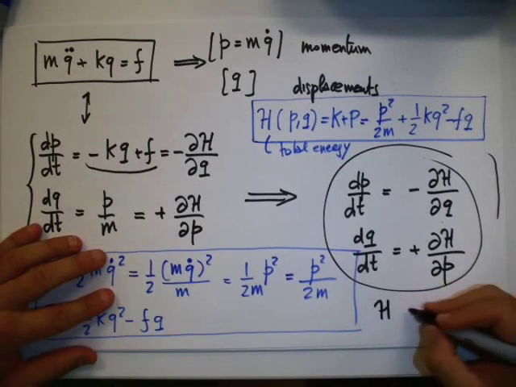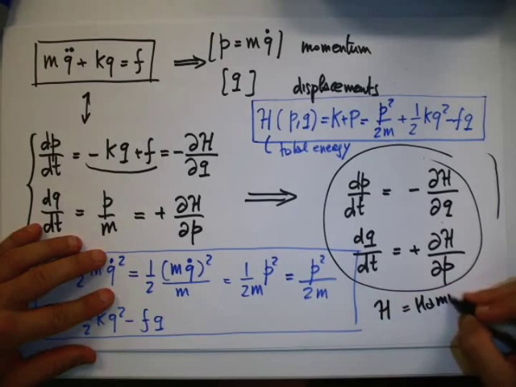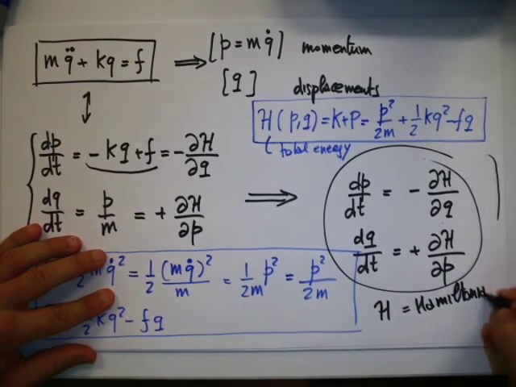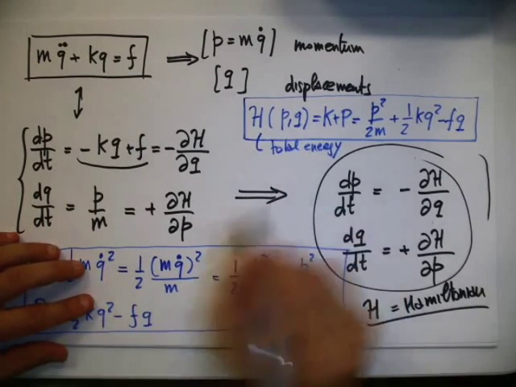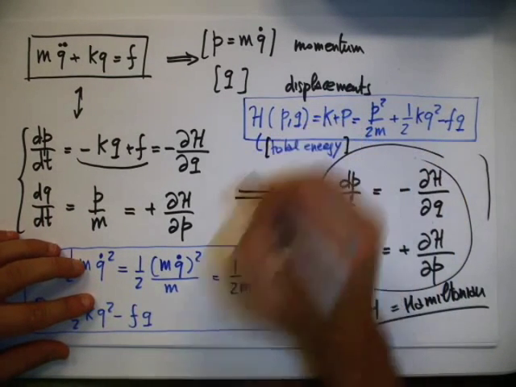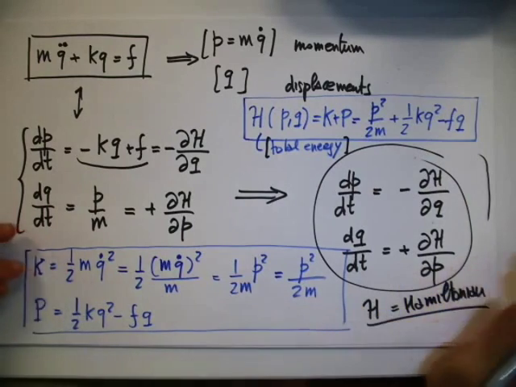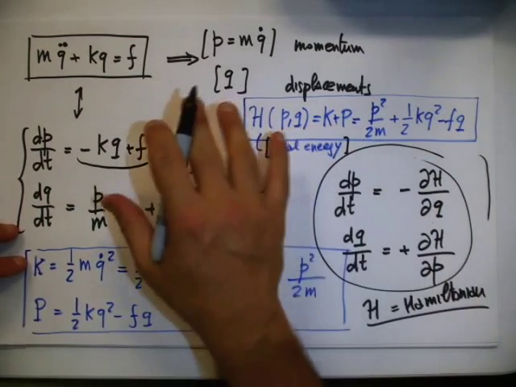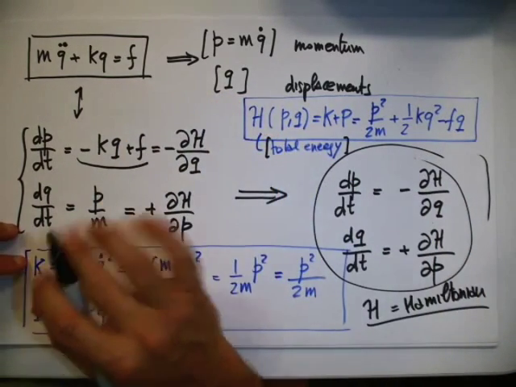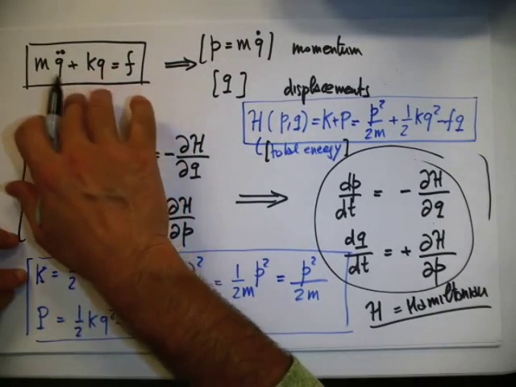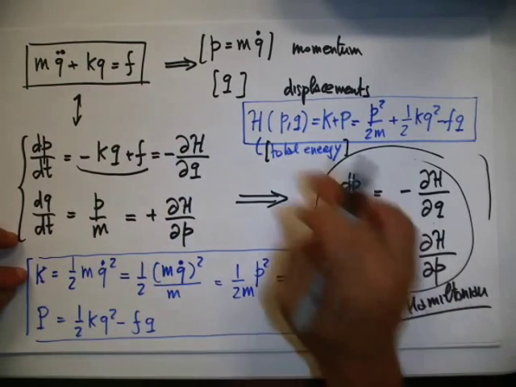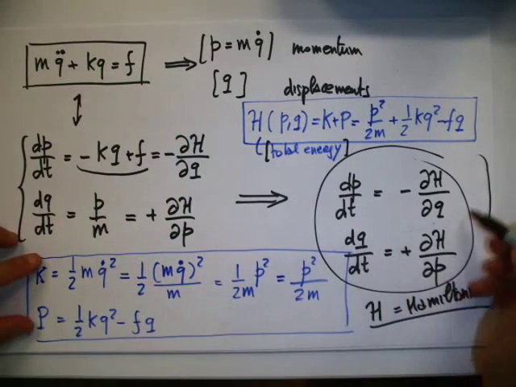So we call H the Hamiltonian of our system, which in this case is the total energy of the system. Not necessarily is the Hamiltonian always the total energy of the system, but for a mass spring system, the Hamiltonian is the total energy.